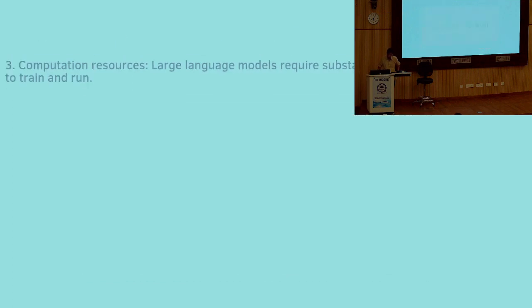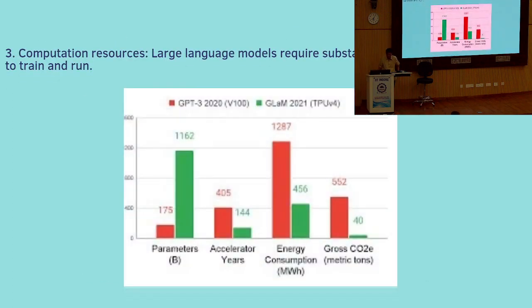So computational resources, we all know that training these models requires vast amounts of computational resources, which can be expensive and maybe inaccessible to many researchers and organizations. But one more side effect is that if you have a look at this graph, that is a comparison between GPT-3 and GLaM.